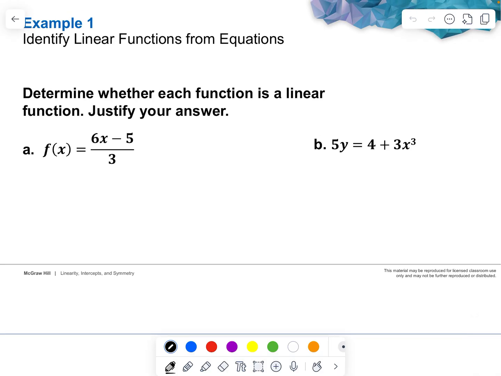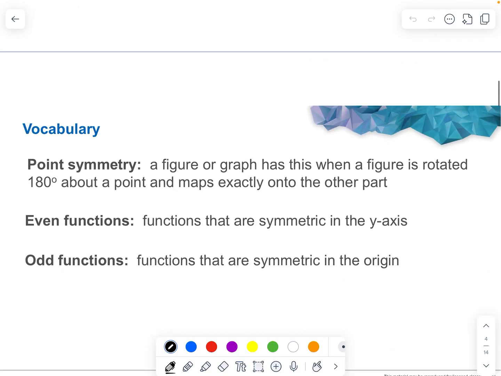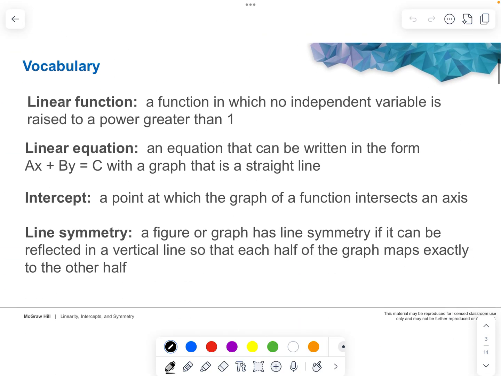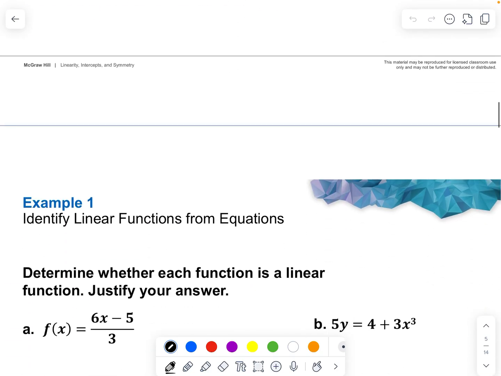First, we're going to identify linear functions from equations. Determine whether each function is a linear function, and justify your answer. Let's look back at the definition of a linear function: a function in which no independent variable is raised to a power greater than 1. Or in other words, the x has to be raised to the first power.